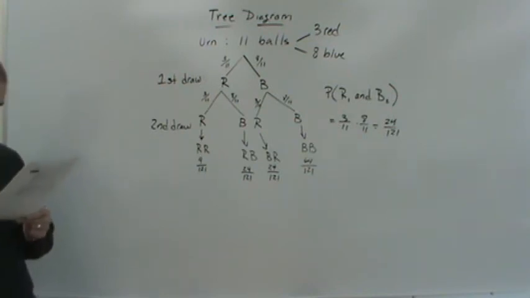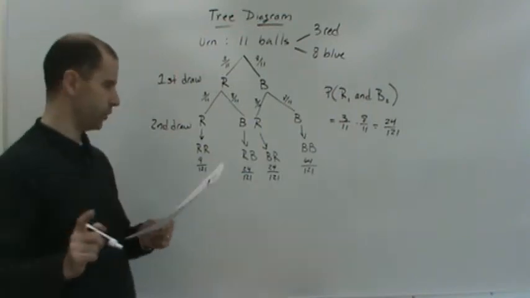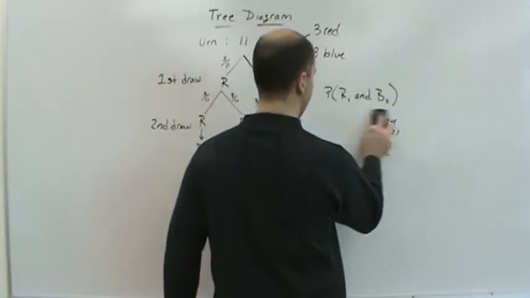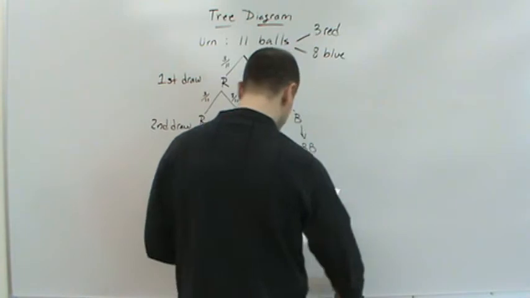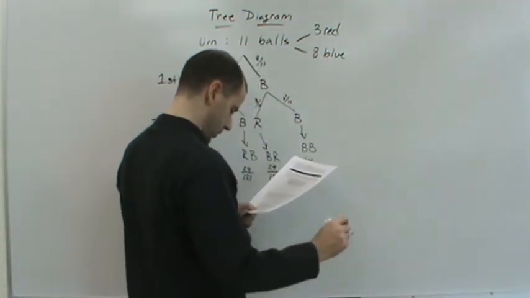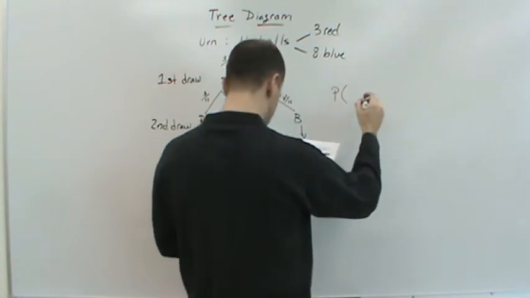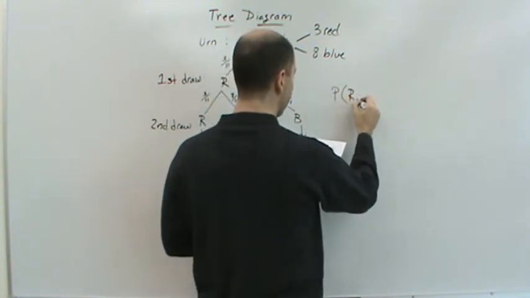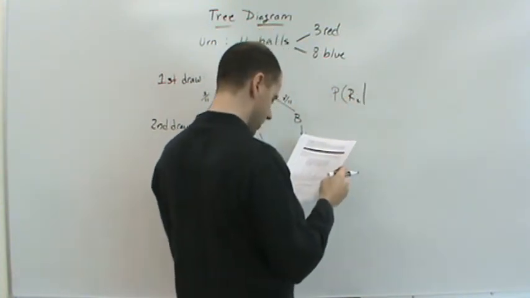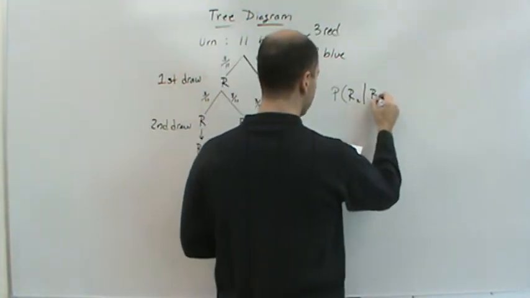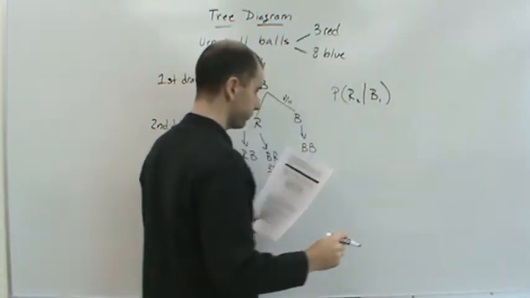The probability of R on the second draw, given that we got B on the first draw. I like this one. I like this one a lot. Okay, so this is a conditional probability. It says the probability of getting a red on the second draw, given that we got a blue on the first draw.